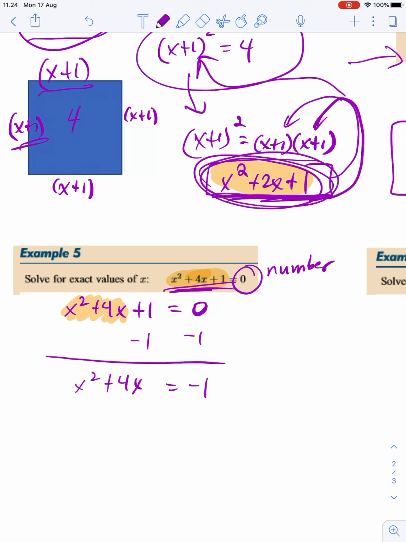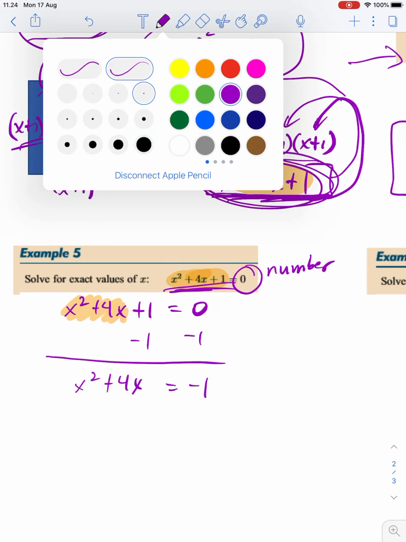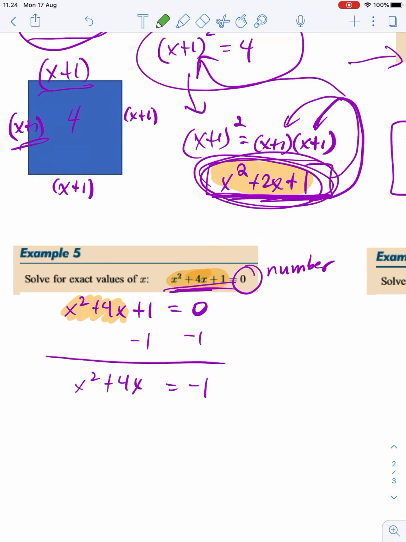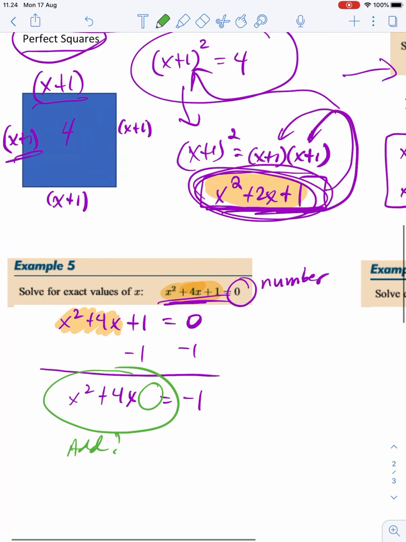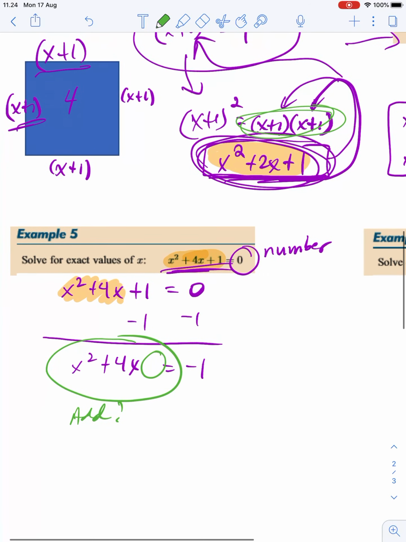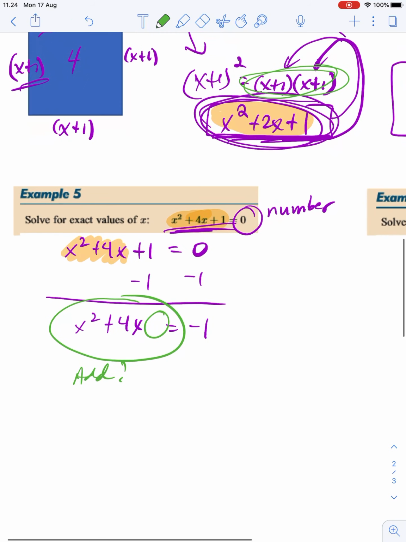Now, the question is, and this is where you have to be really creative as mathematicians, I want to make this side a perfect square. What do I have to add to get this to be a perfect square? Well, x squared plus 4x, what number would go here to factorize this into two of the same binomials?